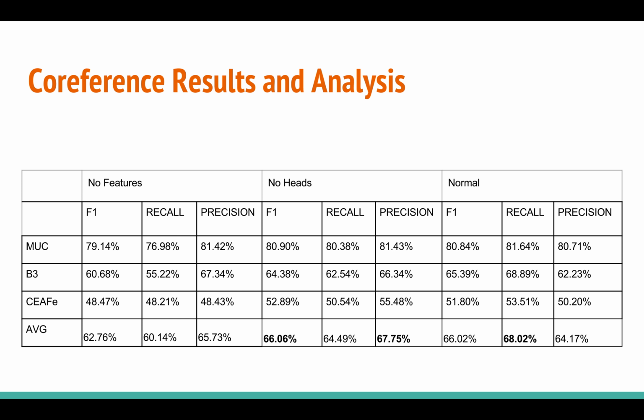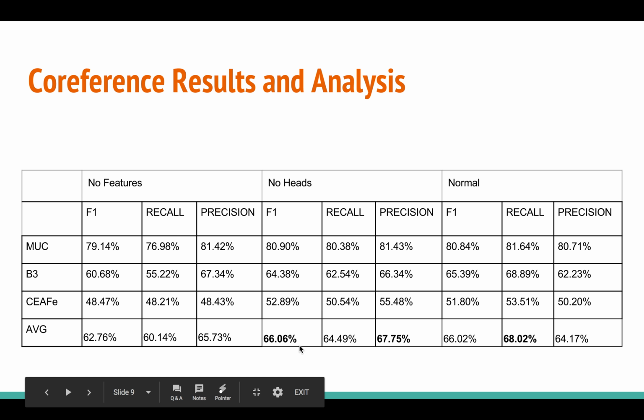For our experimental results on the coreference part, the normal model is quite similar to the proposed paper. The F1 score is about 66. The interesting finding here is that if we don't use the head features, the F1 score is quite similar to the normal one.